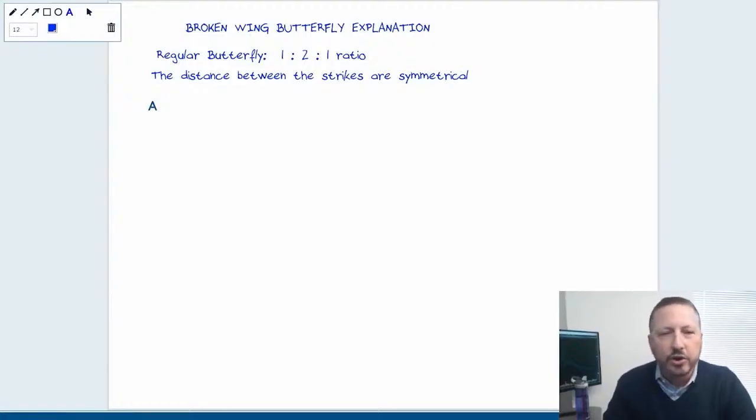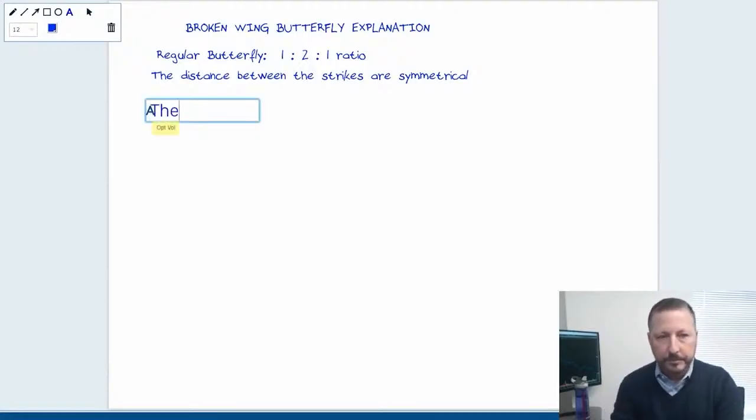That's trader terminology from the floor. So the wings on the outside, the guts in the middle. The wings on a regular butterfly are equidistant from the guts, from the middle. But in a broken wing, the wings are not symmetrical.